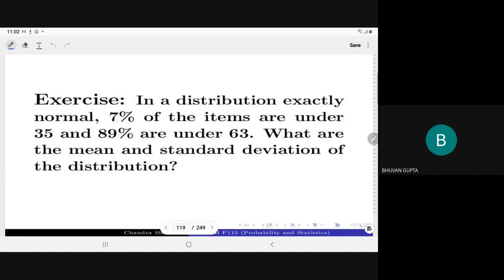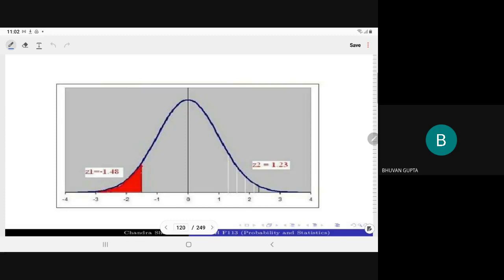In a distribution, exactly normal, 7% of the items are under 35 and 89% are under 63. What are the mean and standard deviation of the distribution?